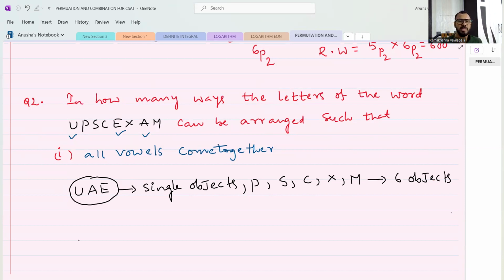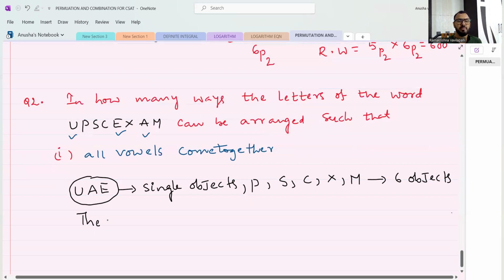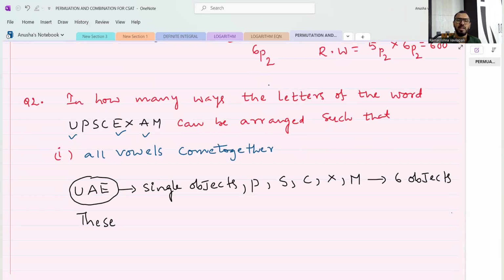Right. Now these six objects can be arranged in how many ways? We are taking all these six because we want to arrange all the letters of the word. These six objects can be arranged in 6 factorial ways.